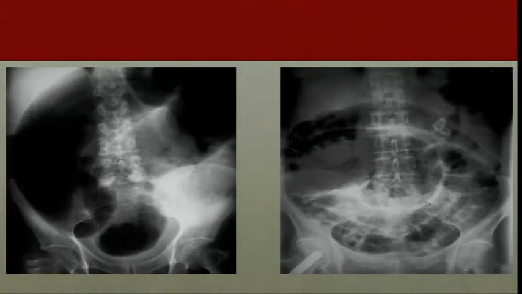It's hard for me, they'll show you an x-ray and ask what's the management of this patient. So this here is a sigmoid volvulus. For me, it's sometimes hard to tell the difference, and I know that sounds crazy, but it is, sigmoid versus cecal.